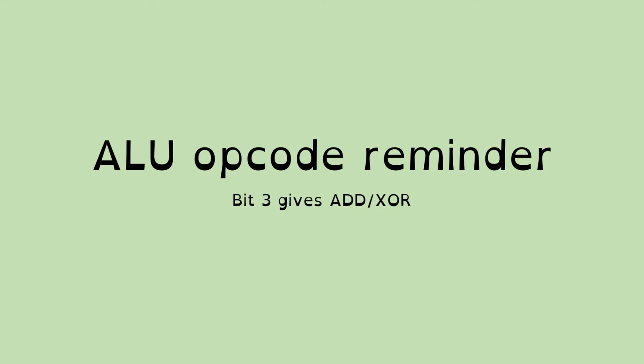Bit 0 is the least significant bit, which comes to the right-hand side as you write it in the normal way of writing a binary number. So bit 3 tells it whether it's going to do add or XOR. Bit 2 is our C-in, so called because it's a carry-in to the adder.